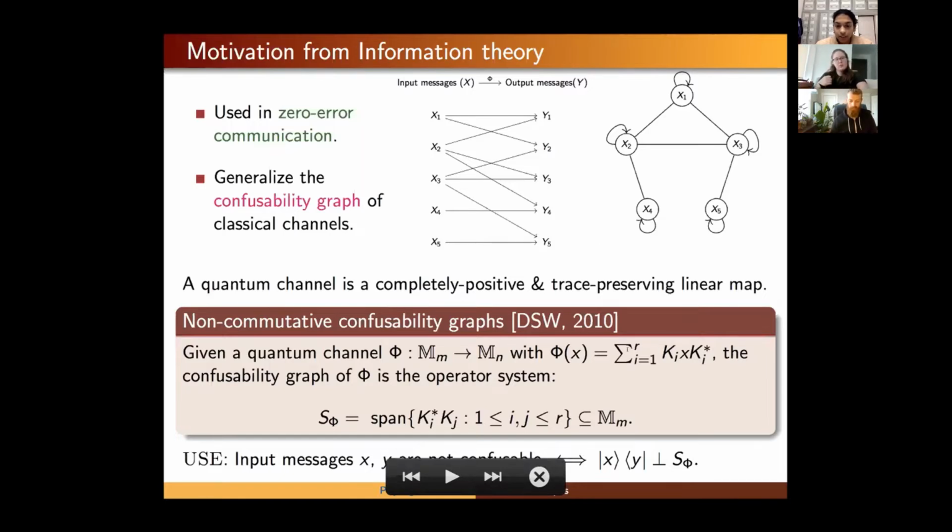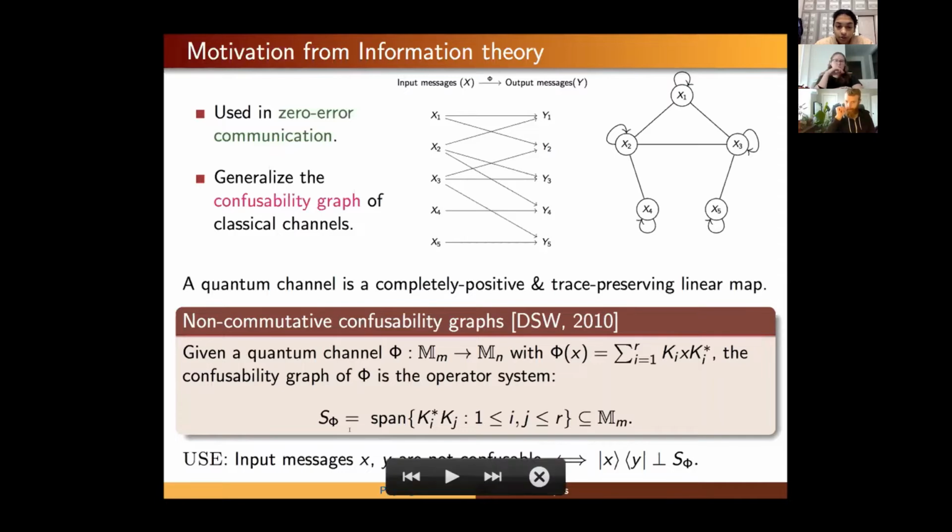One might think that this confusibility graph depends on the representation of the channel, but it can be shown that even if you choose a different Kraus representation for the quantum channel, you would still get an isomorphic operator system. So this definition is independent of the representation that you choose. And how is it useful to study these quantum graphs?